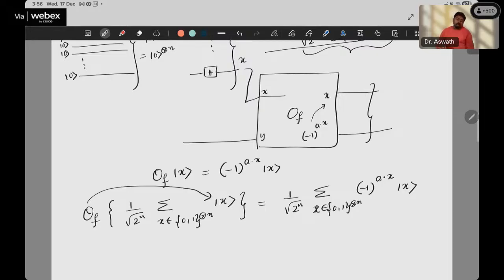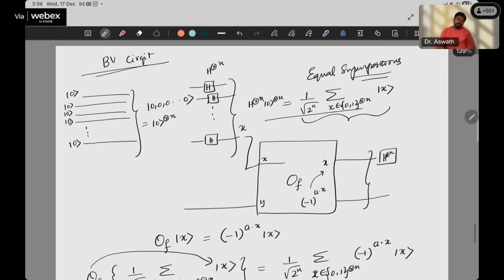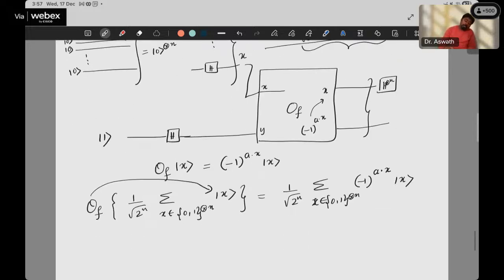Now at this point I have another set of Hadamards acting on the query. So there are stages. Remember, I have my ancilla. I'm not bothered about what happens to the ancilla, because the effect of the ancilla is traveled from the bottom to the top.